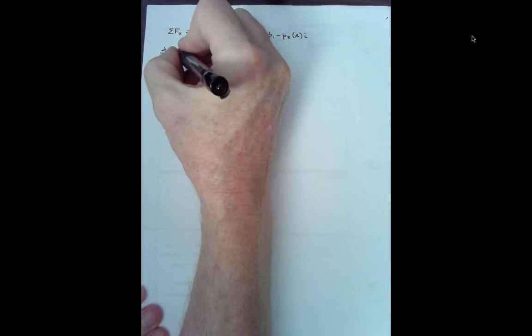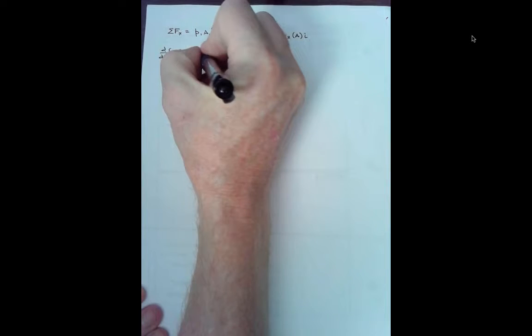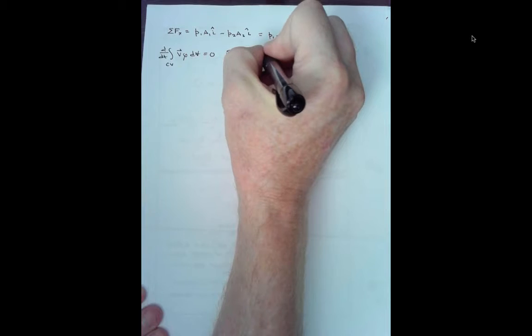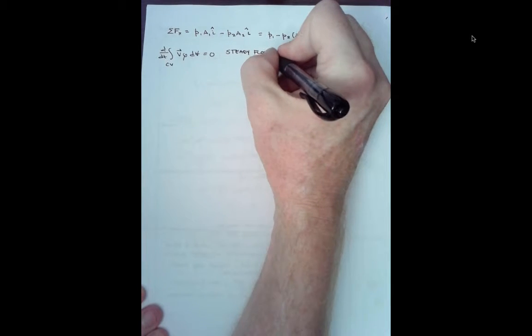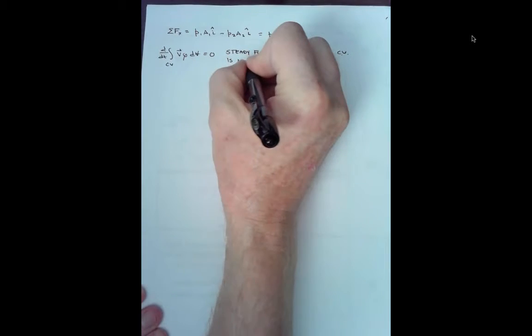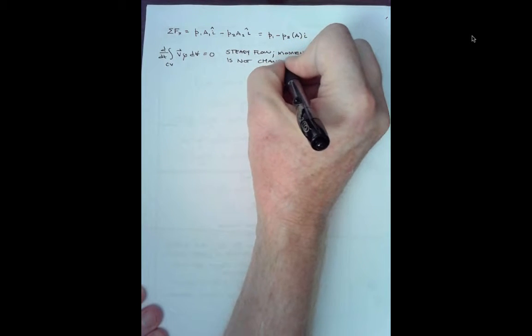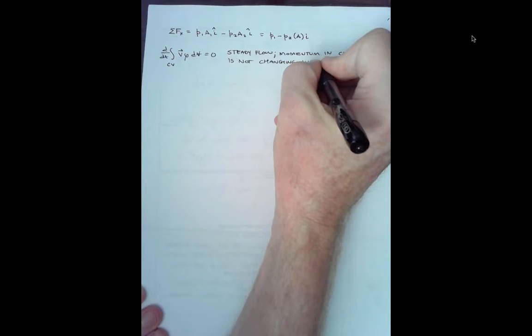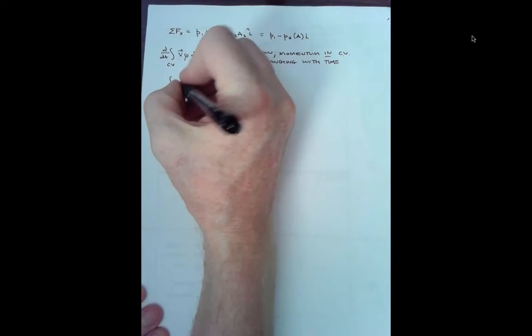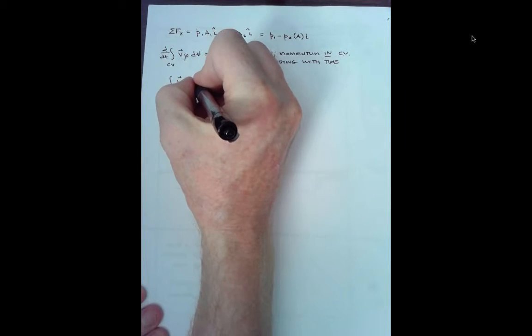The d by dt of the integral over the control volume of V rho d volume equals 0 because we have steady flow. Momentum in the control volume is not changing with time. Now the integral over the control surface of V rho V dot dA.